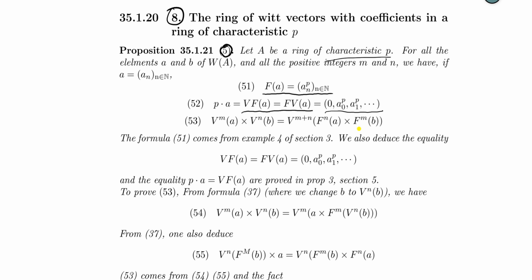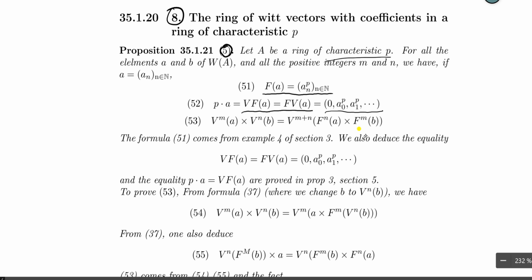And the third relation is that you shift A to the right m times, shift B to the right n times, and do the multiplication.